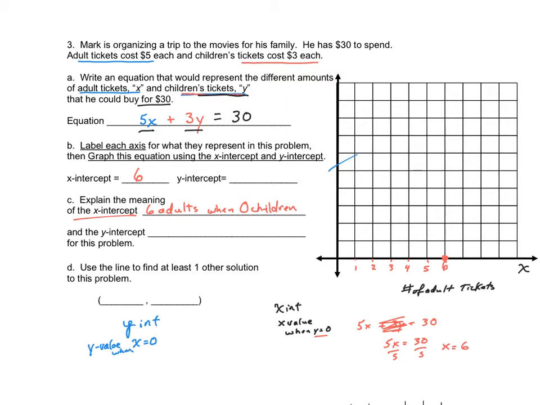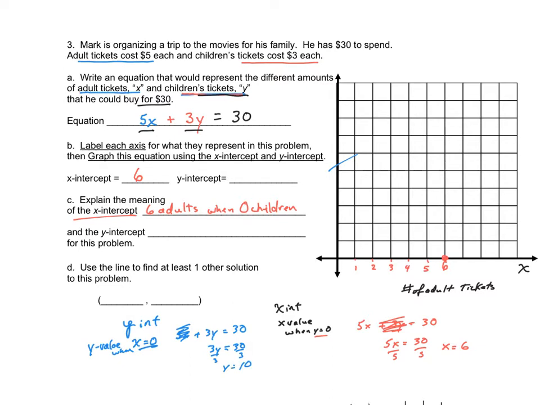So if we have an equation like this, 5x plus 3y equals 30, and x is equal to 0, then the x term just drops out because it became 0, and we have 3y equals 30. And then I could divide by 3 to get y equals 10.